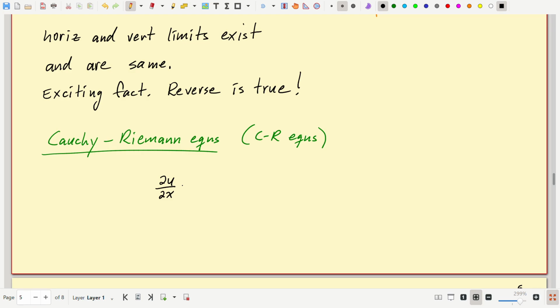One of them is du dx equals dv dy, where f is u plus iv. And the other one is du dy equals minus dv dx. It's very easy to check that the z bar thing does not satisfy that. But the z squared one, real and imaginary parts, do.